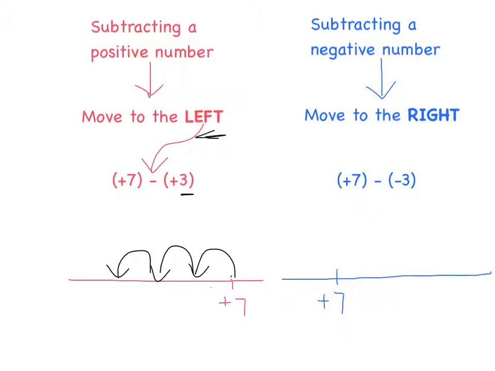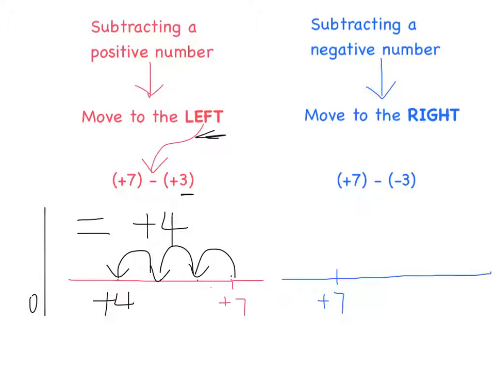Zero should be somewhere here, and therefore we have positive 6, positive 5, and then positive 4. Therefore, positive 7 minus positive 3 equals positive 4.